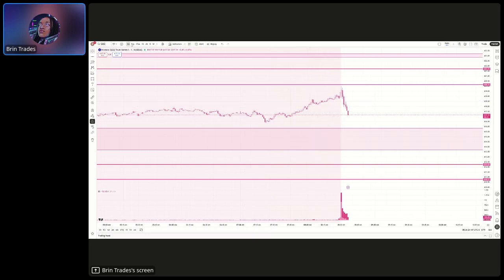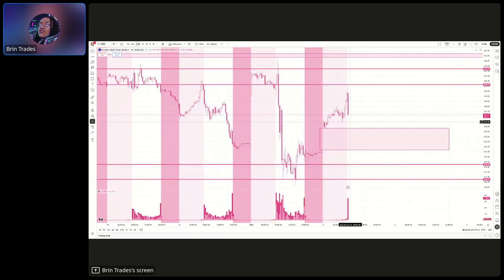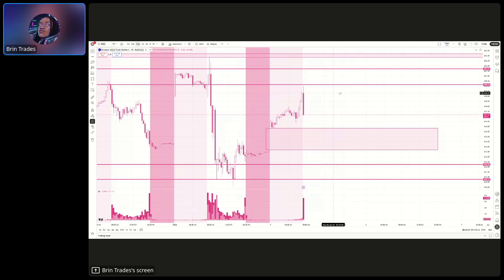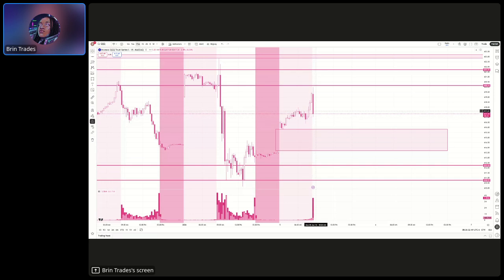I'm wondering whether I probably should have had some price targets below here. Oh my gosh, wait, y'all, I probably should have had price targets below here, like at 6. Why didn't I think of that?